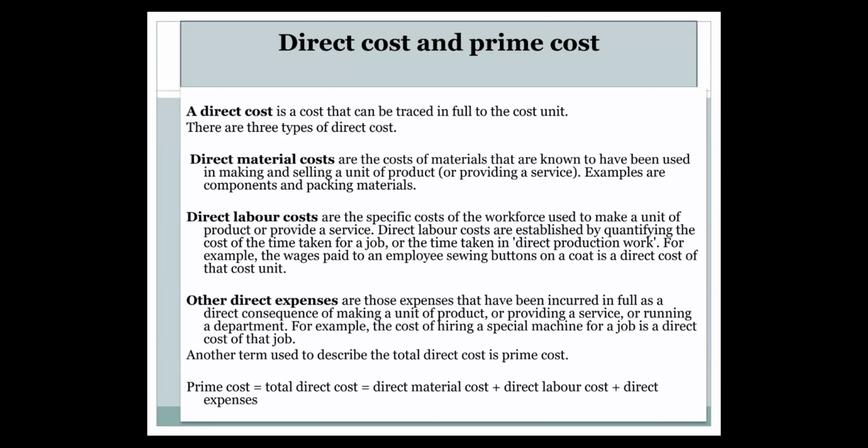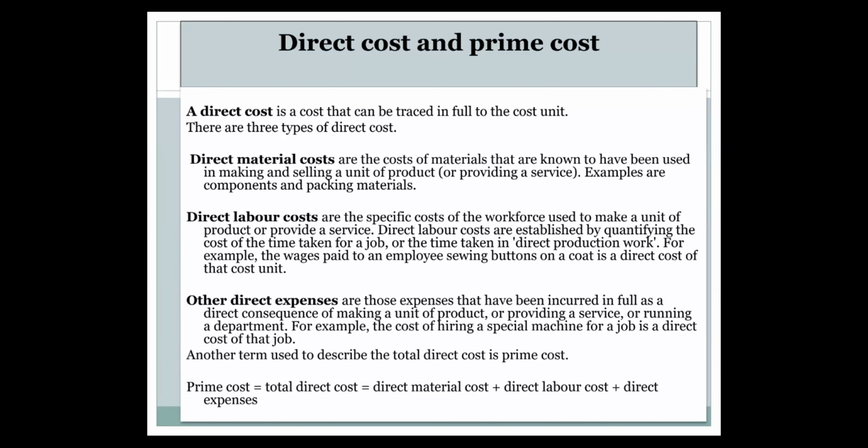So the bitumen plant is special machinery for the preparation of a highway or road. The cost of hiring this plant will be incurred as an expenditure of road preparation. And that is what we are trying to discuss here in other direct expenses. For example, the cost of hiring a special machine.